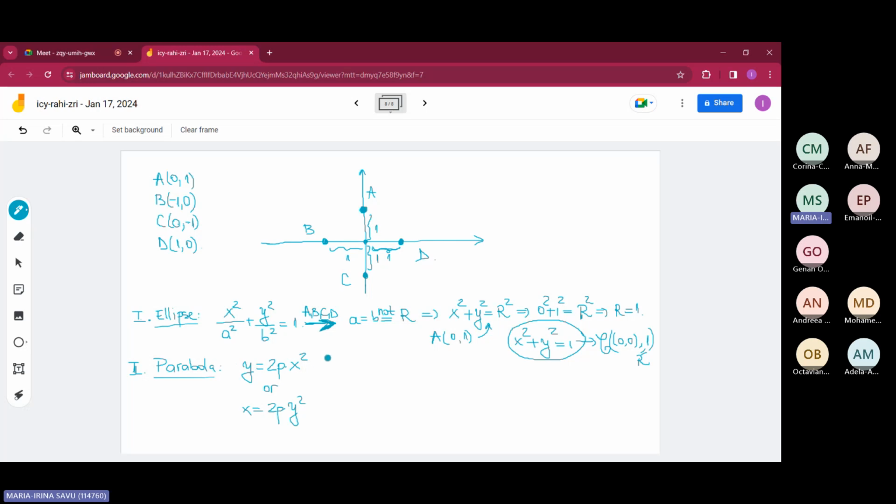This is the classical parabola from high school. This one is for p positive, this one is for p negative, and this is a different parabola, an inverted parabola.